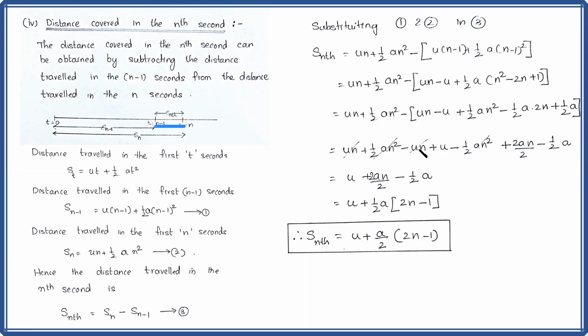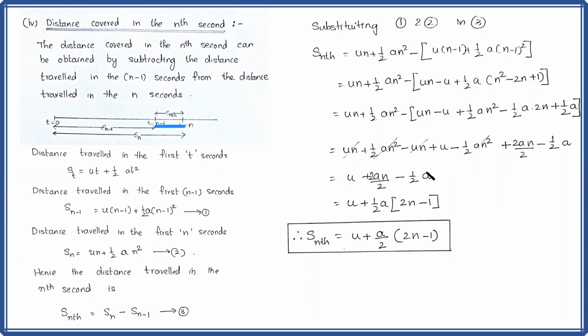Here plus un minus un cancel, plus half a n square minus half a n square cancel, and what remains, let us write u. This u is there, and this 2an by 2, minus half a. Purposely I have not cancelled this 2 and 2 because we can take out half a as common.